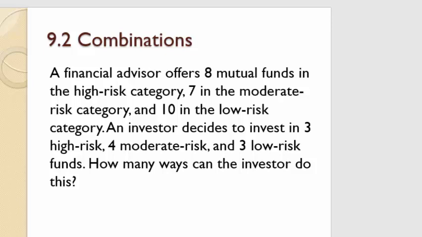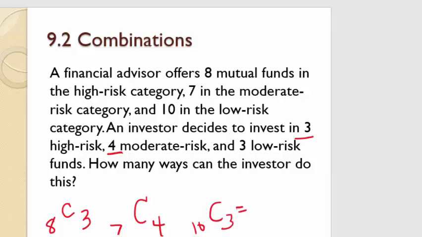So the first thing I'm going to do is figure out how many combinations there are in the high-risk category. There are 8 total funds in the high-risk category, it's a combination, and I'm going to choose 3 from those mutual funds. Next I'm going to choose 4 from the moderate risk category. There are 7 in the moderate risk category, 7 combinations choose 4. And in the low risk category there are 10, so 10 combinations choose 3.